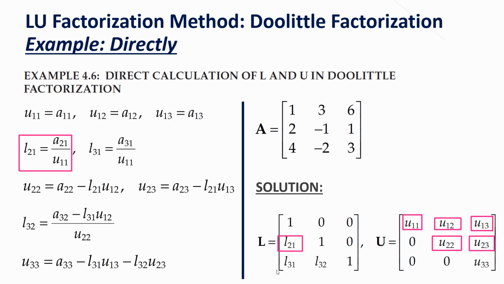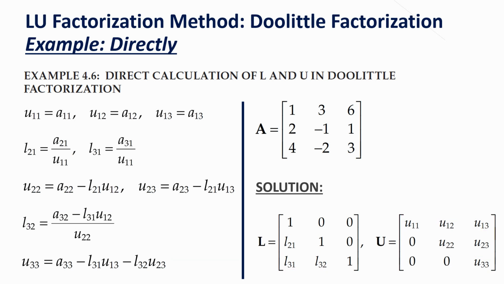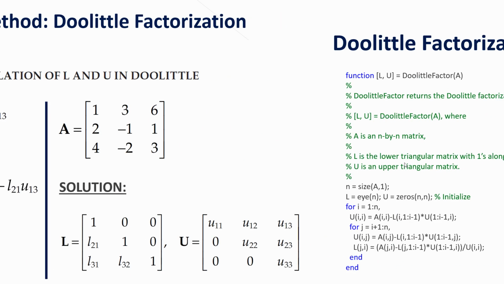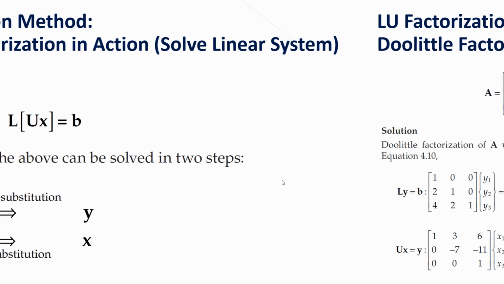And then based on this, you generate L31, based on this formula, because you already have U22 and U23. And then you generate U33 based on this formula, because you already have L31. Finally, L32 will be generated based on this formula. Okay, so those are the direct calculations. Soon after that, you get the L and U values. Then you can go back to calculate using the forward and back substitutions.